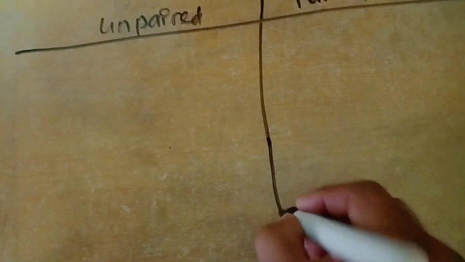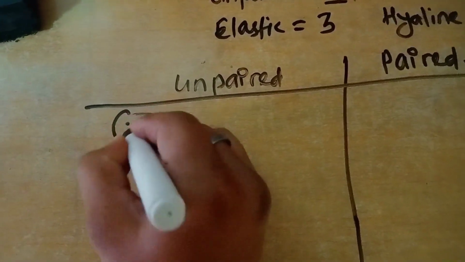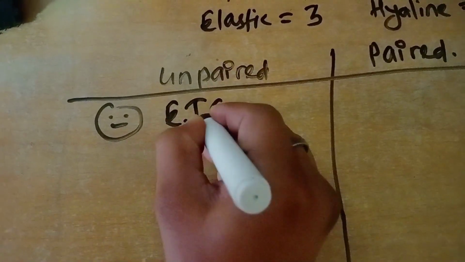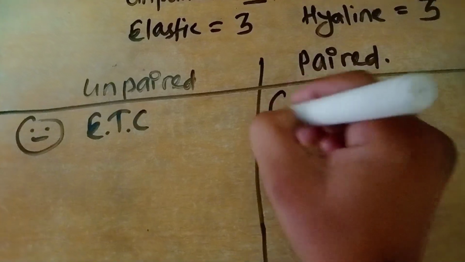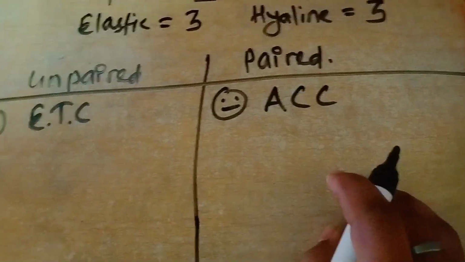So we have one trick for unpaired, that is ETC, the short form of etc., and for paired we have ACC.